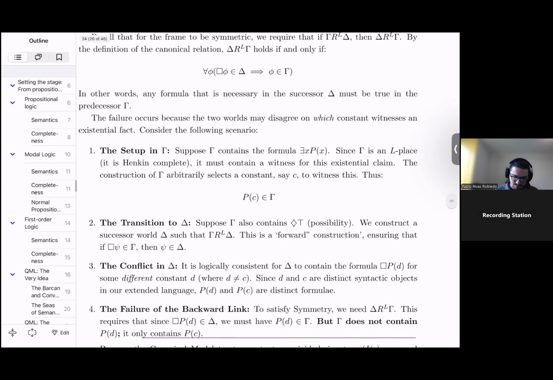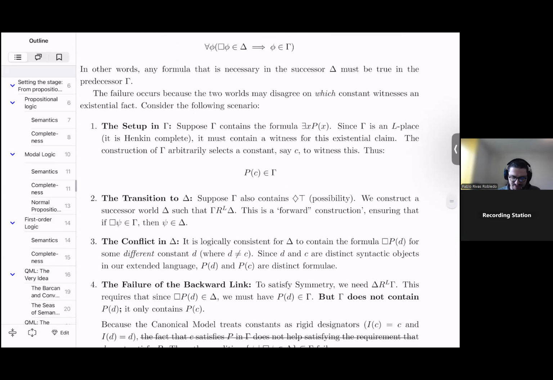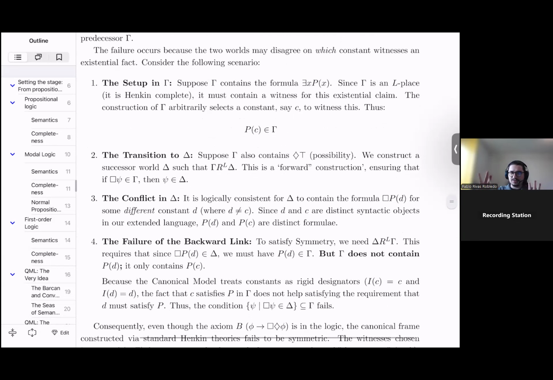So the failure is going to occur when two worlds disagree on which constant witnesses an existential fact. So let's consider the following scenario. Suppose we have gamma that contains this existential claim. And since gamma is an L place, it is Henkin complete, so it has a witness for that. Good. What is the witness?